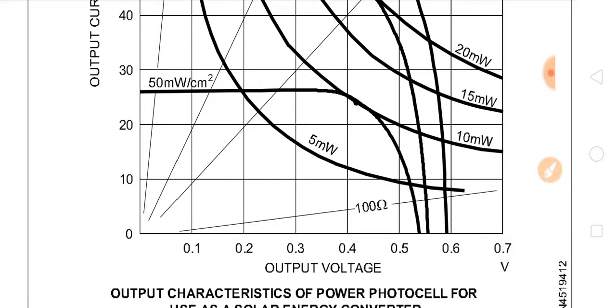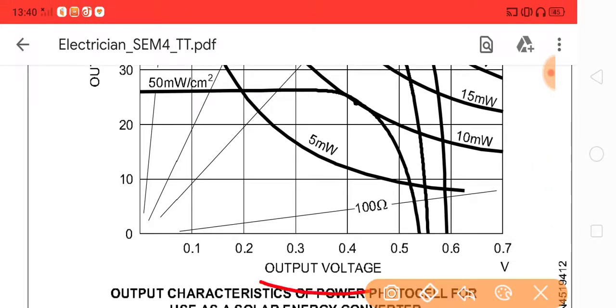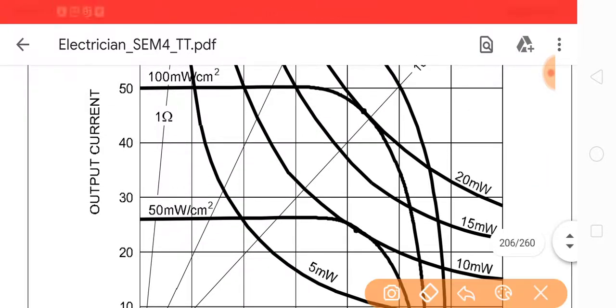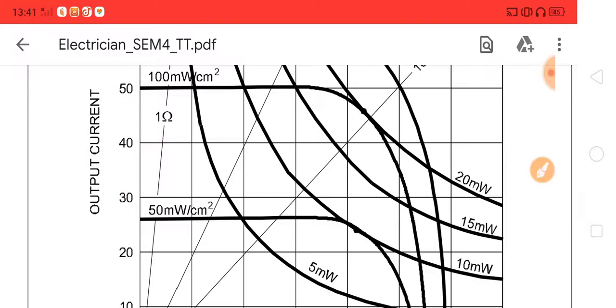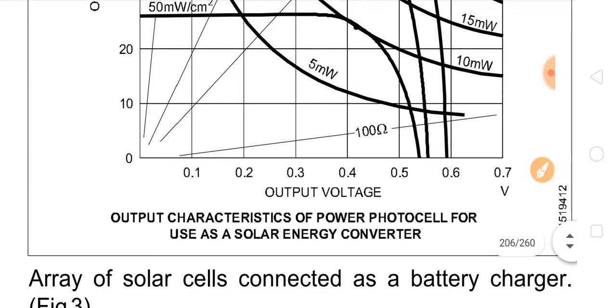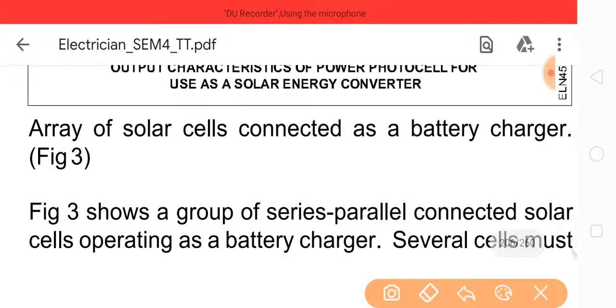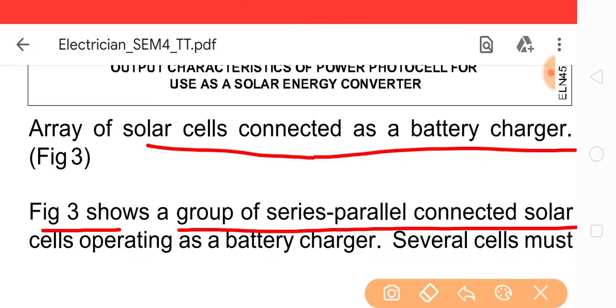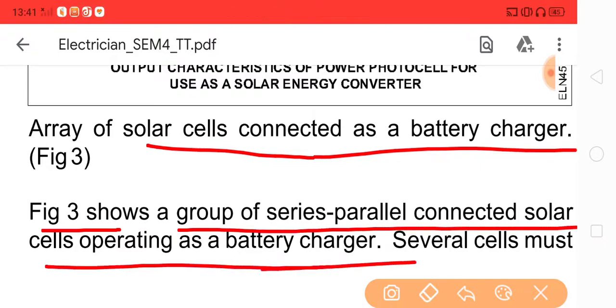This is the output voltage, and this is the output current. Output characteristics of a power photocell used as a solar energy converter. Array of solar cells connected as a battery charger. Picture 3 shows a group of series-parallel connected solar cells operating as a battery charger.